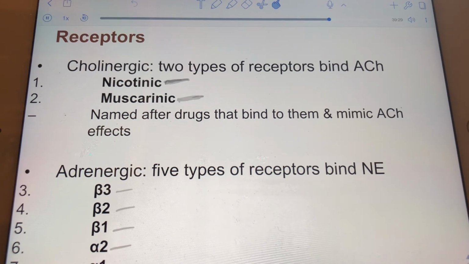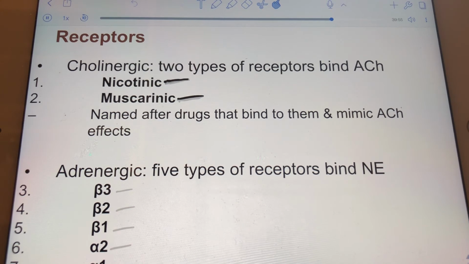Neurons that are cholinergic are going to, again, secrete acetylcholine, and acetylcholine will then bind to a receptor on either a postganglionic neuron or an effector, okay? And receptors for acetylcholine are either nicotinic or muscarinic.